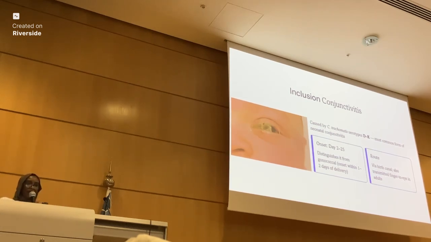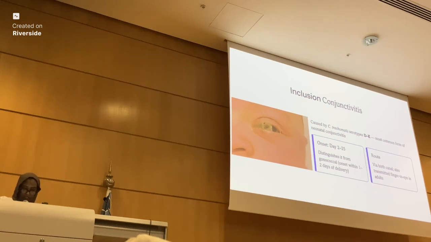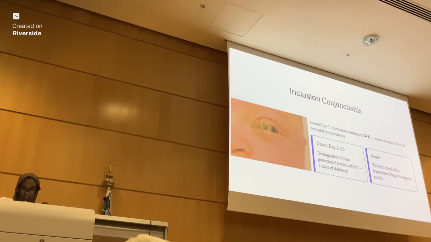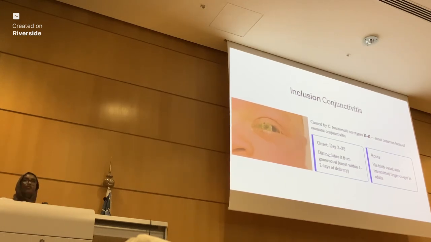When the mother comes to complain 2 to 25 days after birth, this is probably more of a chlamydia. Because if the conjunctivitis is due to Neisseria gonorrhoeae, it's more acute and aggressive, okay?